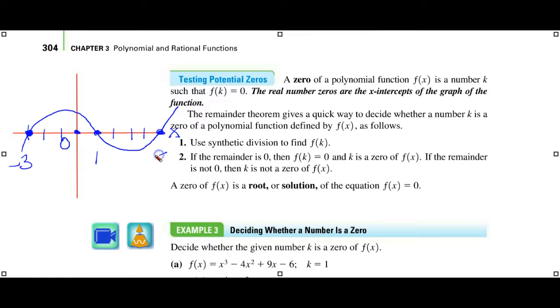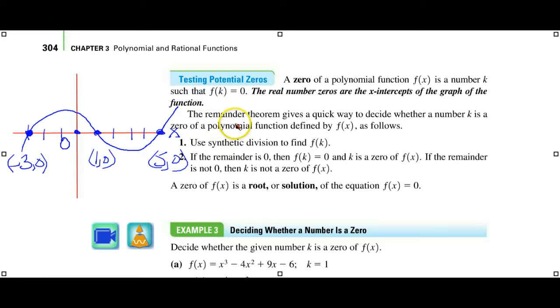This one would be a 5. Now these are all ordered pairs, so we would just add a 0 for our y element there. And this is what we call finding the zeros. Now, how do we know what these will be?